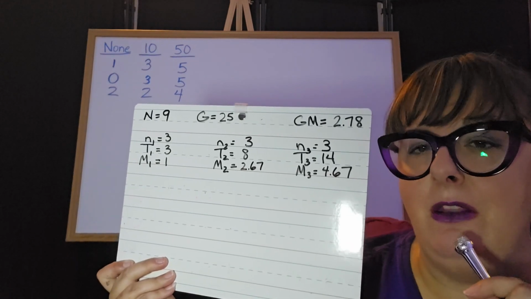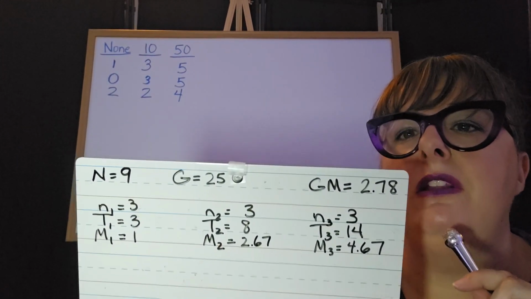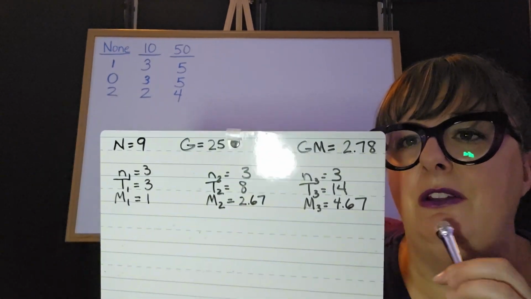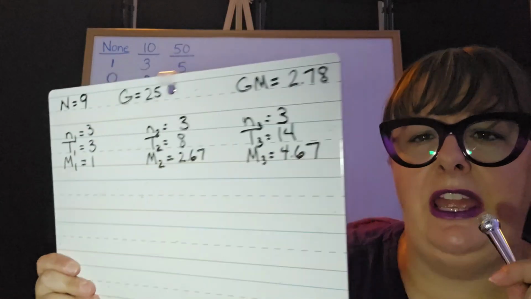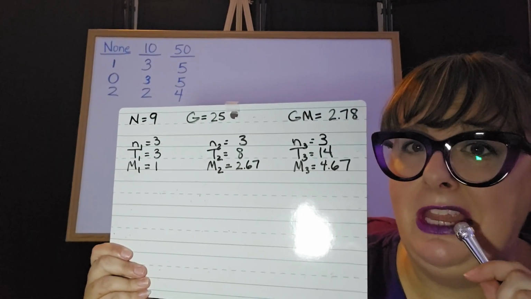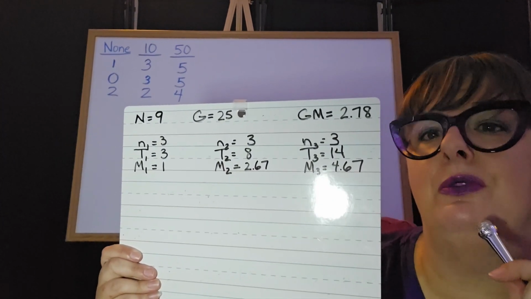N1, which is going to be our none group, I'm going to call that 1. They're all 3, but sometimes that's not the case. So N1, N2, and N3 all equal 3 because each group has 3 participants or 3 scores in it.